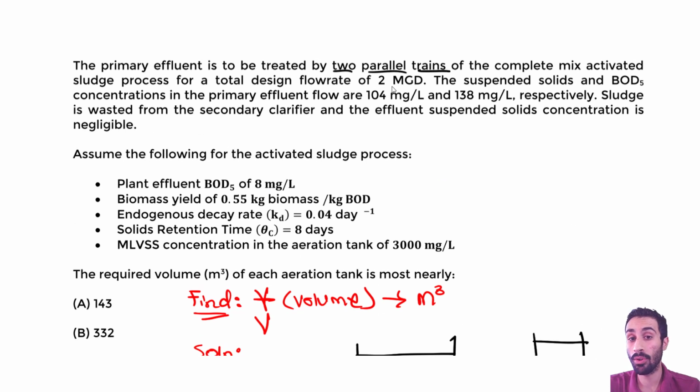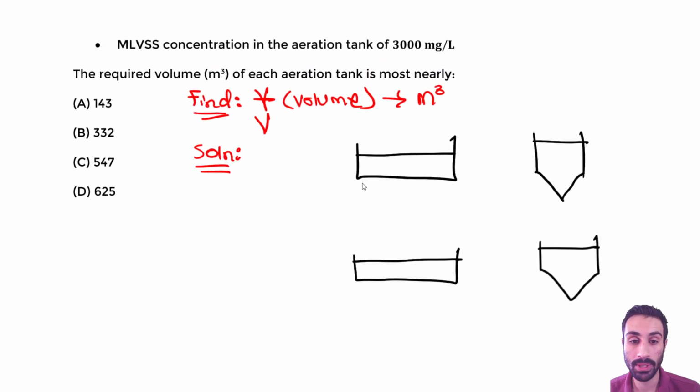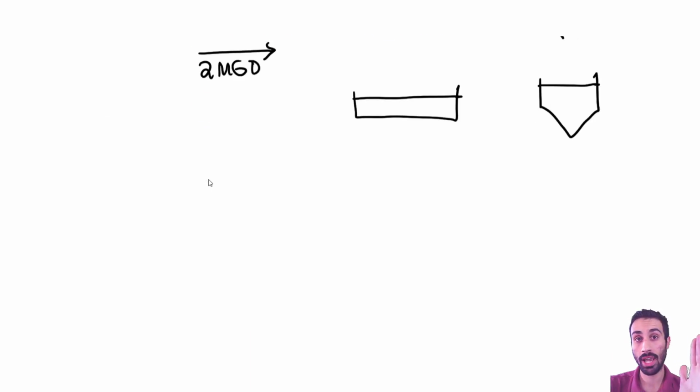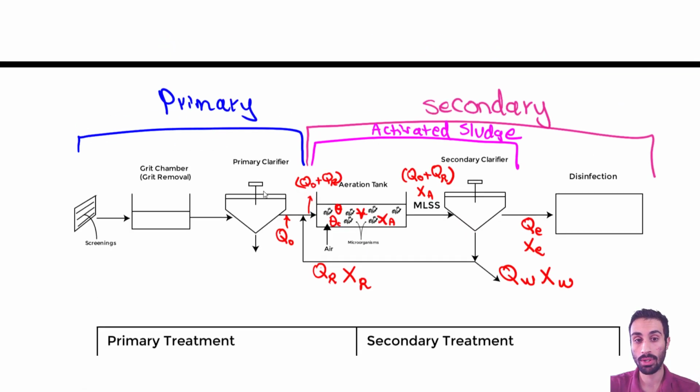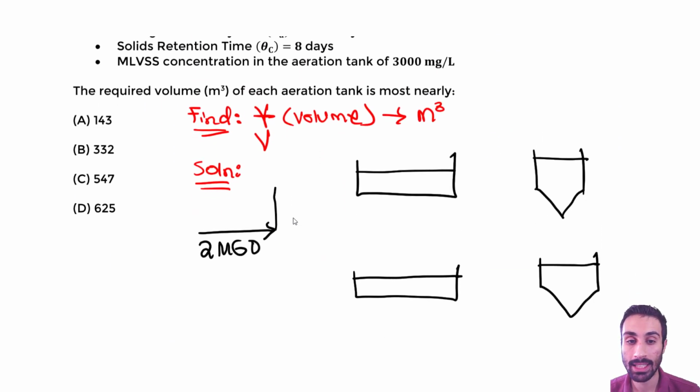But the total design flow rate that's actually coming in is 2 mgd, right? So what happens is you have the 2 mgd, 2 million gallons per day, that comes in, and it comes in from where? It comes in after primary, right? After the primary treatment. Then we know that is going to get split into two because we have a parallel train.